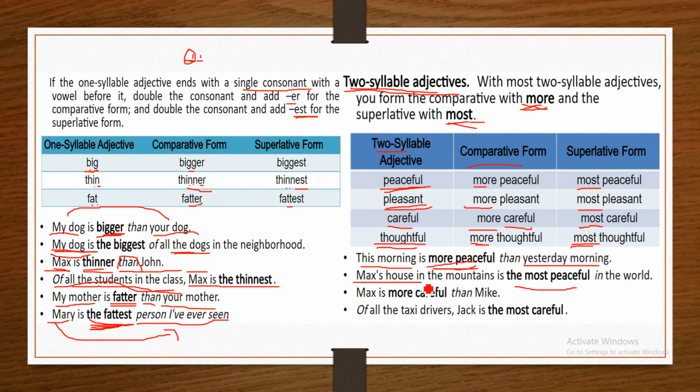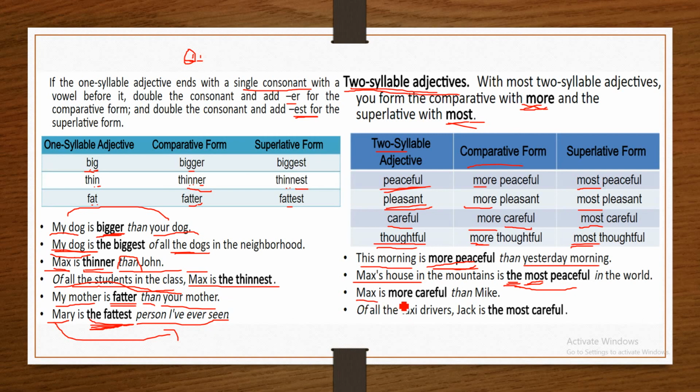Therefore, here superlative adjectives should be used. We said we always have the before superlative adjectives. Most is used for two-syllable adjectives. In the superlative form, the most peaceful.